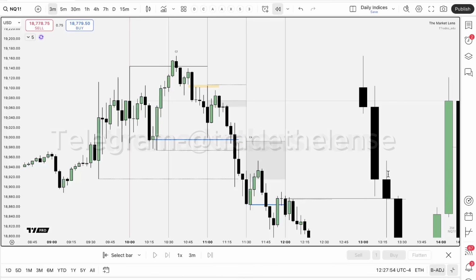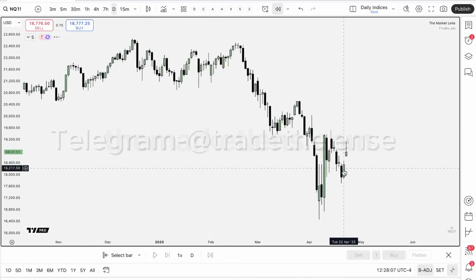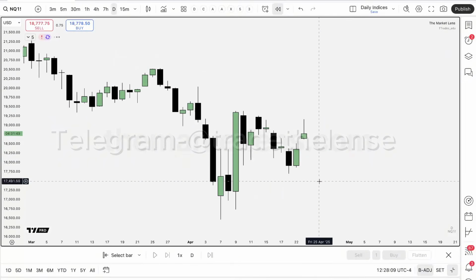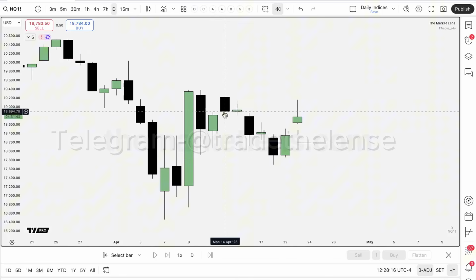AT: struggling with bias on some days. How would you go about gauging the daily bias for yesterday on NQ? So, example, let's go back to NQ. You got to realize you can't expect to have a bias all the time. There's going to be days that make absolutely zero sense. So a lot of these days in here, I don't expect anyone to really understand those, especially if you're newer.